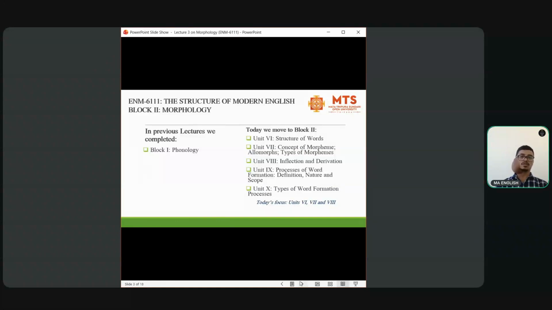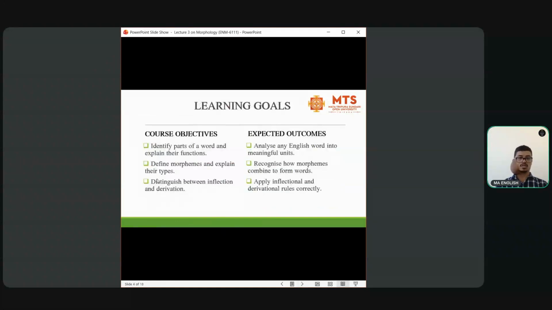So now, what are the learning goals? Let's look at what we want to achieve by the end of today's sessions. Our goals are simple. First, I want you to be able to look at any English words and identify each part. Second, you should understand what a morpheme is and what types exist.